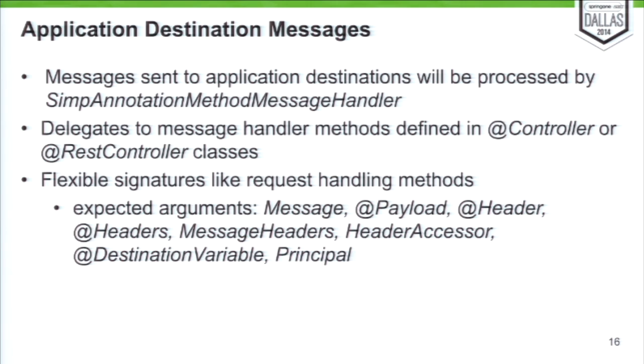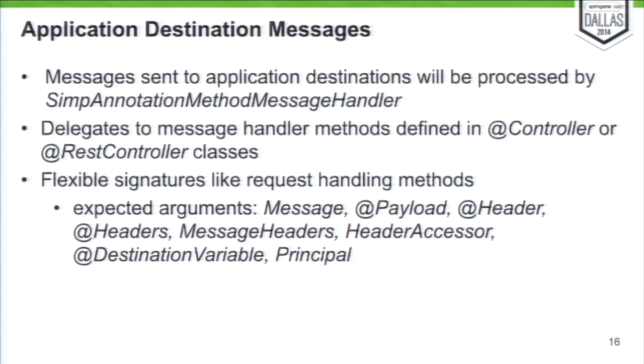So the simple annotation method message handler, which is the first one that we saw in the list, is responsible for getting these kinds of messages sent to the application destinations and is going to forward these messages to your controllers. These controllers are basically what you implement in Spring MVC. We know that we implement request handler methods inside controllers with the @Controller annotation or with the @RestController annotation. So now we're going to have controllers with request handling methods and also message handling methods.